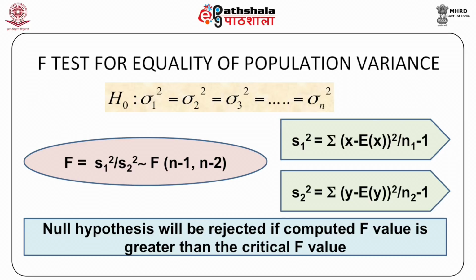S1 squared and S2 squared are unbiased estimators of the population variance sigma squared. The null hypothesis will be rejected if the computed value is greater than the critical value of F. It implies that the population variances differ significantly.